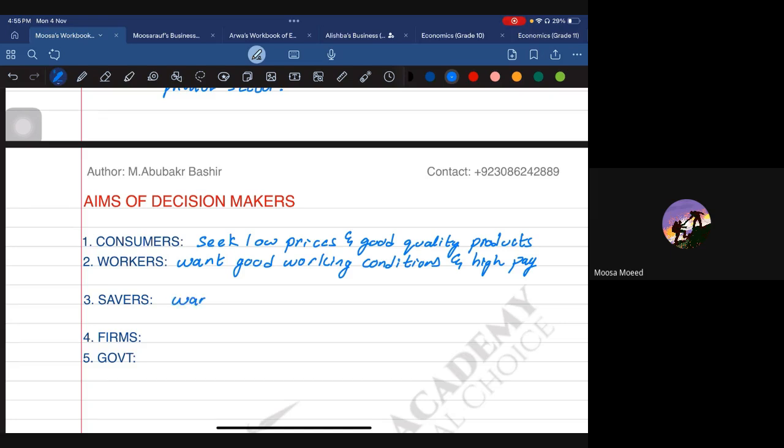Then savers want their money to be safe, and they also expect good returns on their savings.